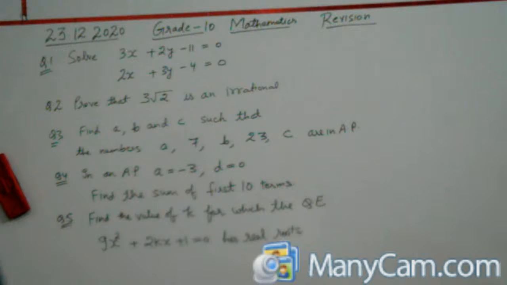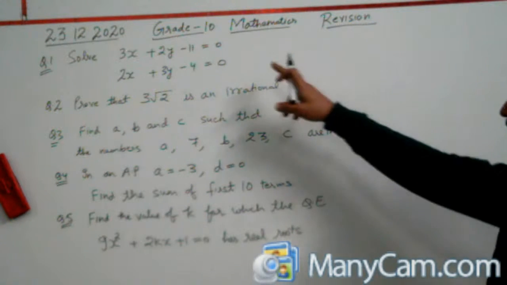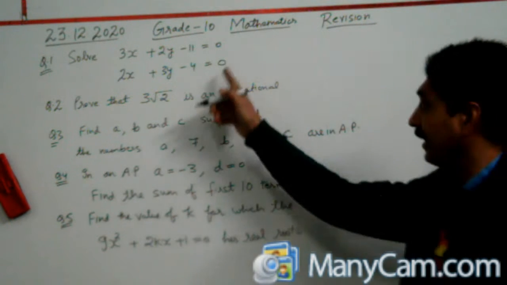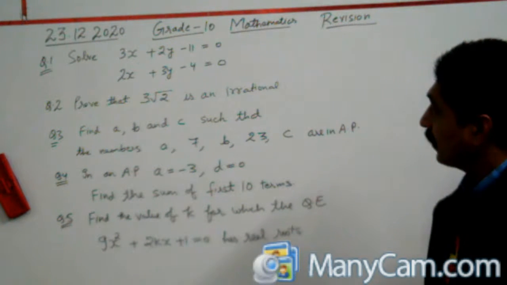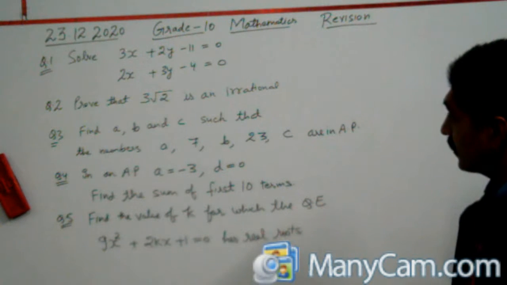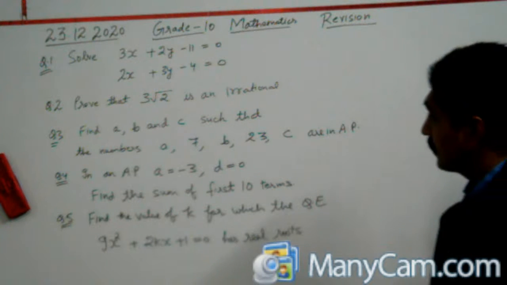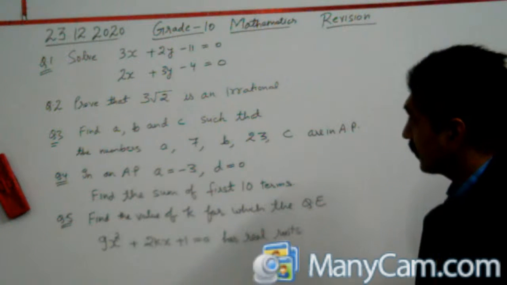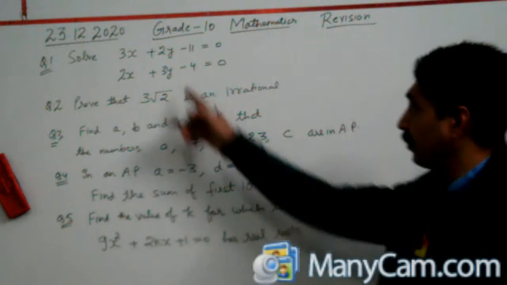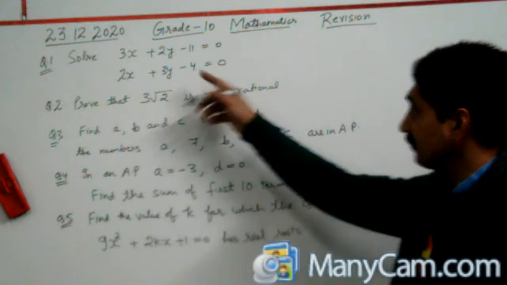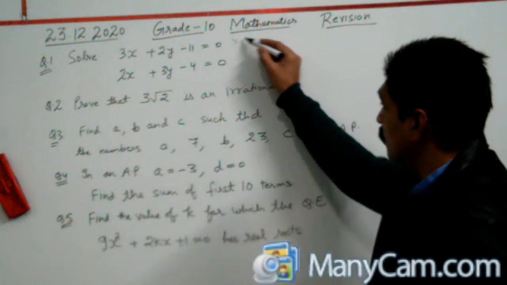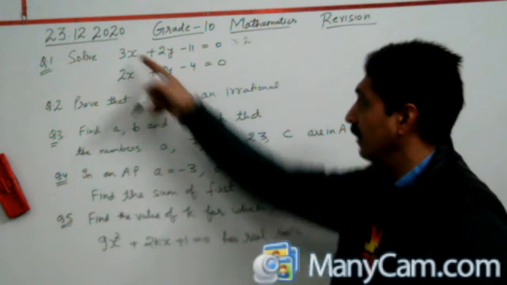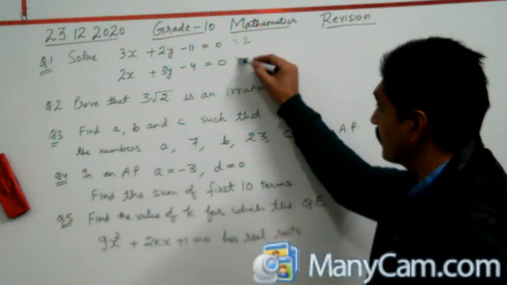So first question, find x and y. Here we can eliminate when we solve. If you want to eliminate x, multiply the first equation by 2 and the second equation by 3.